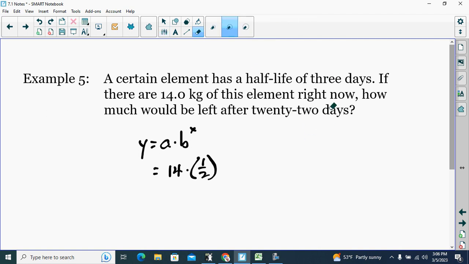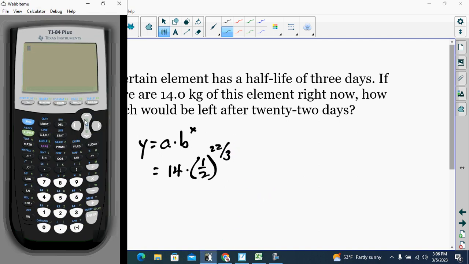So our exponent is 22 divided by 3. And now it's a calculator problem. 14 times 1/2 to the 22 over 3 power. 0.087 kilograms.